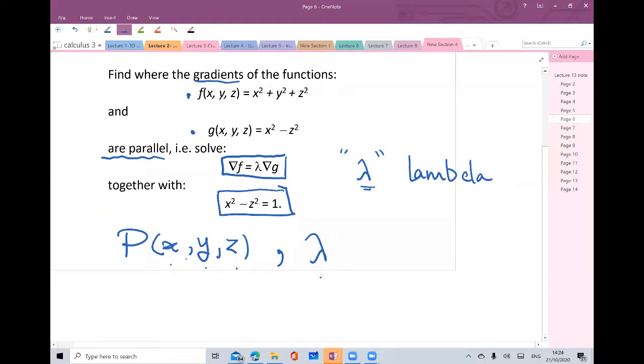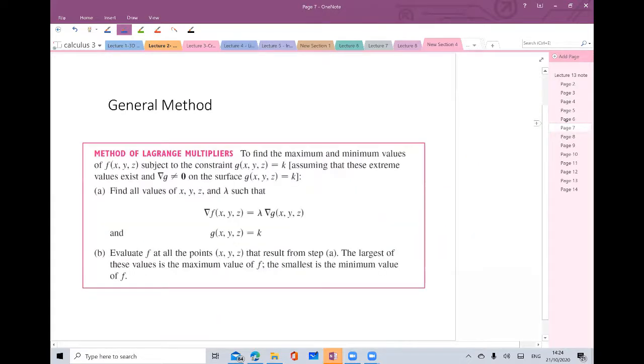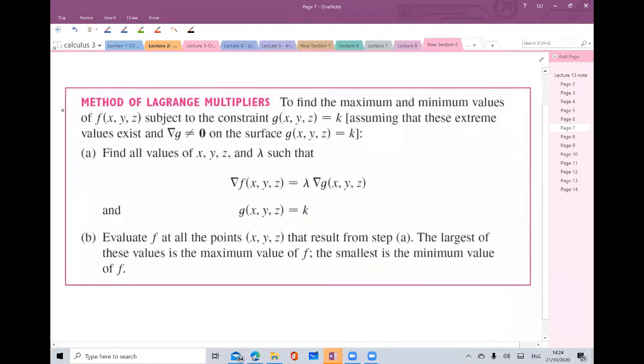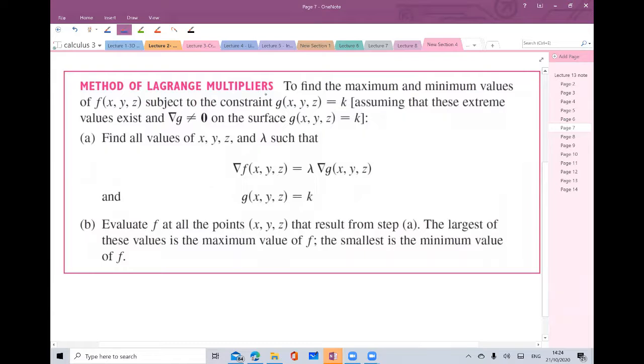If I find my points, then I have found the points at which I'm going to have these extreme values. Of course, we don't do sketching, we don't do anything; I'm going to apply the theorem, or the method, right away. So the method is actually steps. If you understand what we said before, you can apply this simply. You'll say: I want to find the maximum and minimum values of a function subject to this constraint.